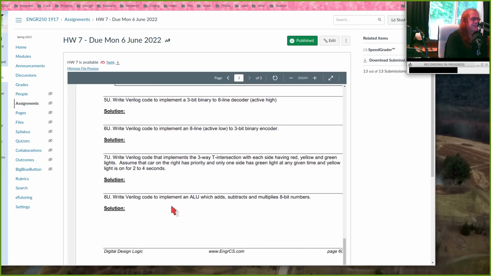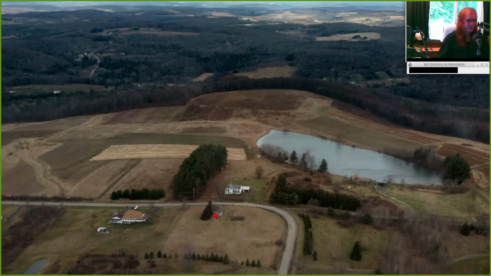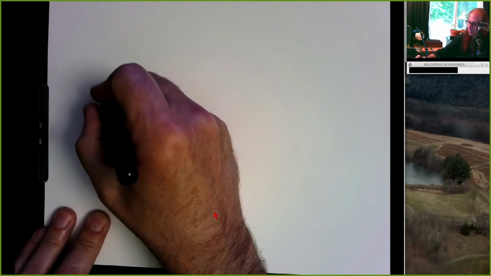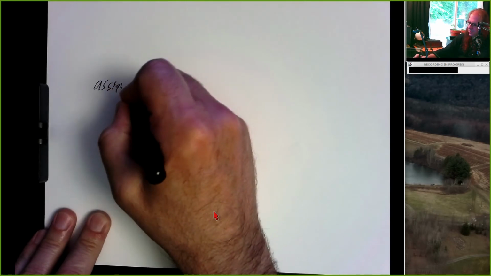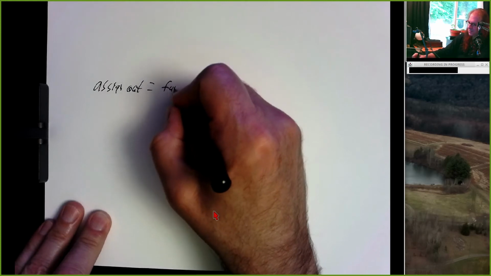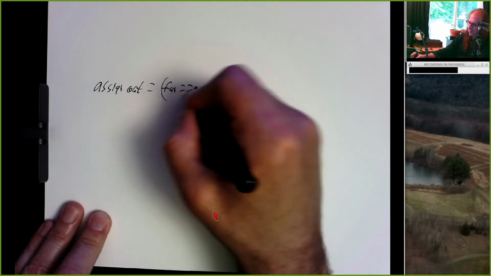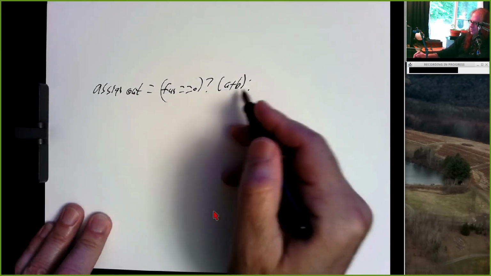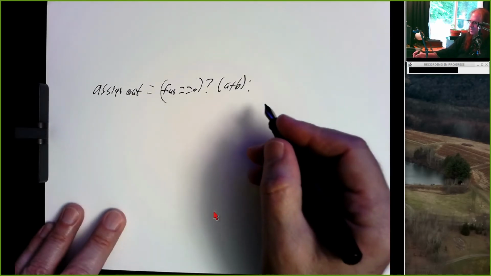All right, and then 8, like I said, we went through that in detail last time. That's 3 assign statements. So assign out equals, and we could say function equals 0. So if function is 0, we're going to set output equal to a plus b.